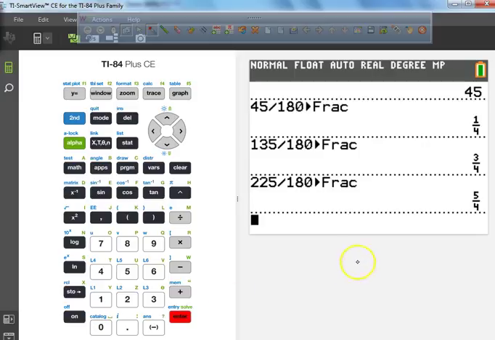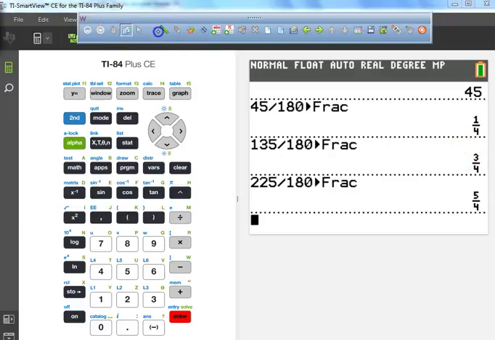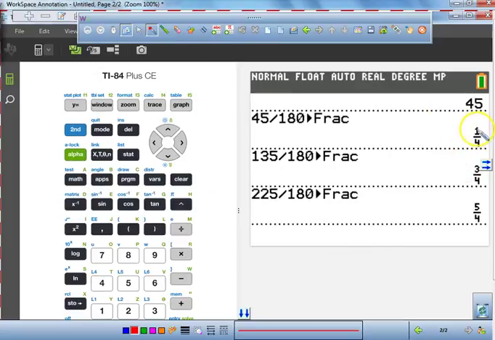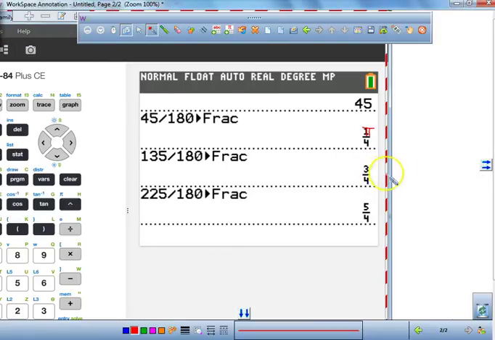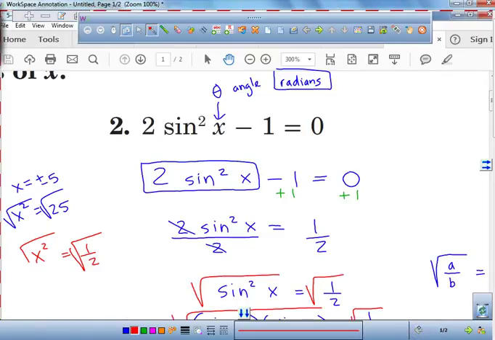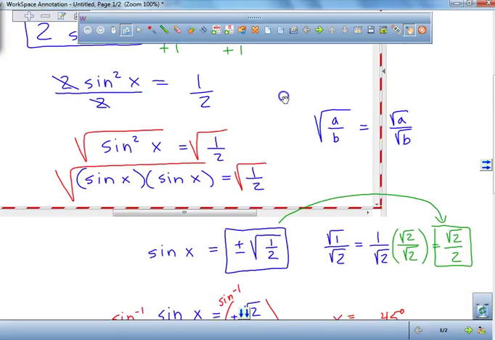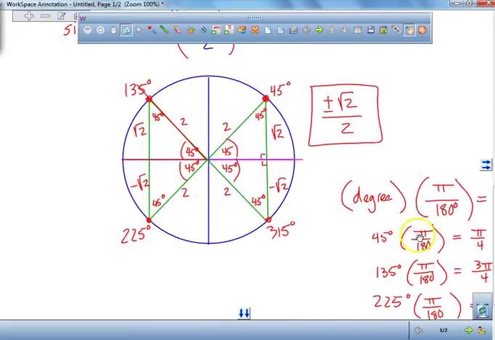Now why did I not stick the pi next to it? Because if you do, it's going to make a ridiculous decimal. So what did I just add to every single one of these answers? I just made this a what? Put the pi right there, put the pi right here, put the pi right here. That's how you can convert it. All right, that's kind of what I do if I don't know it outright.